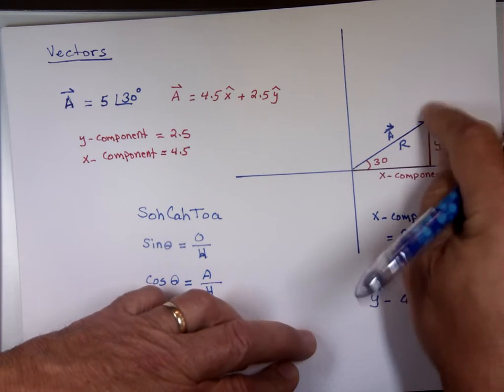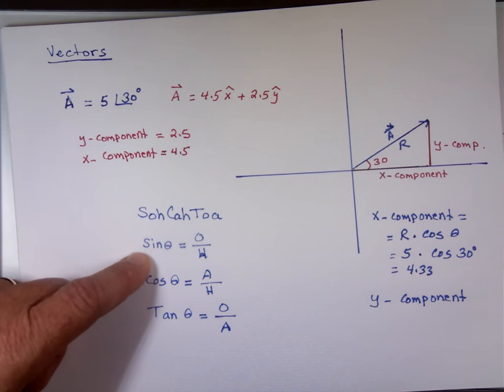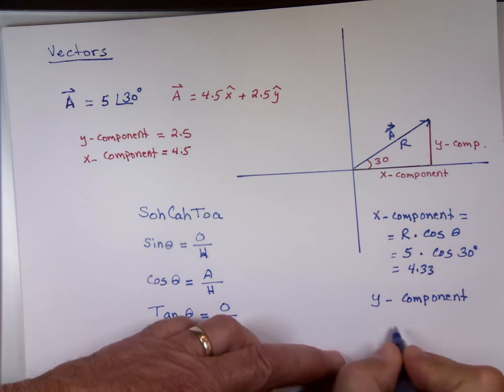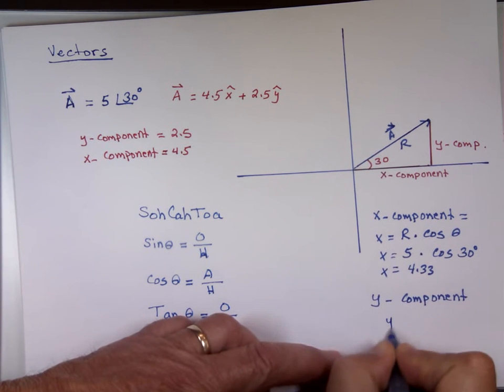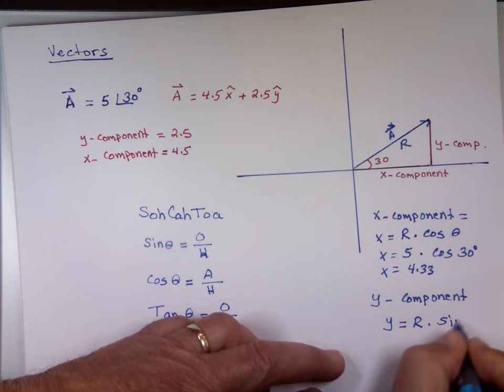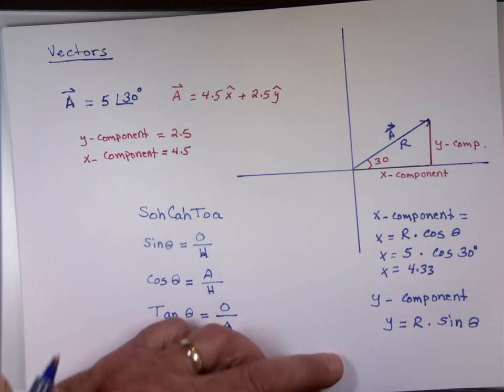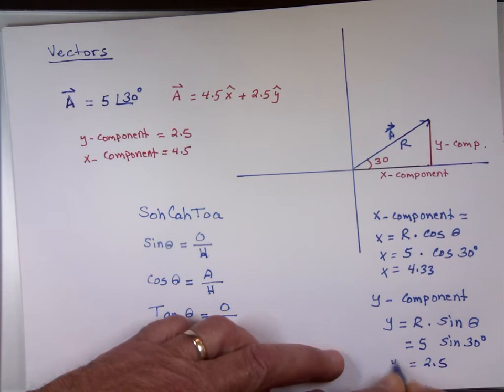So which one of these uses the opposite here? The sine. So y equals r times sine of theta. r is 5, sine of 30 degrees, and that's 2.5. And that's what we got.